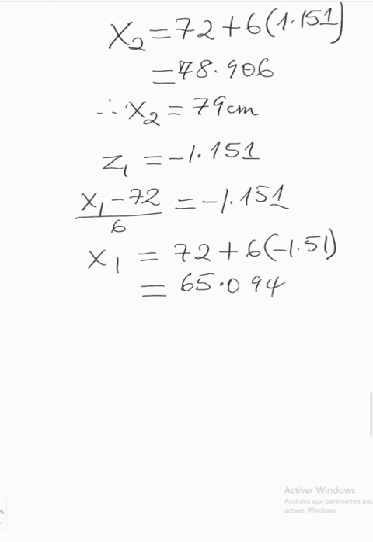Since we want the value to the nearest integer, x1 should then be 65 centimeters. The lower bound x1 equals 65 centimeters and the upper bound x2 equals 79 centimeters.